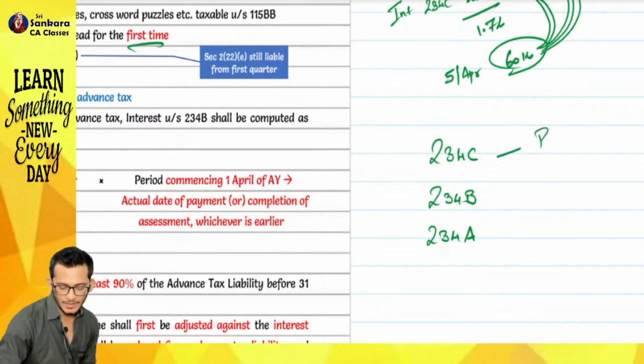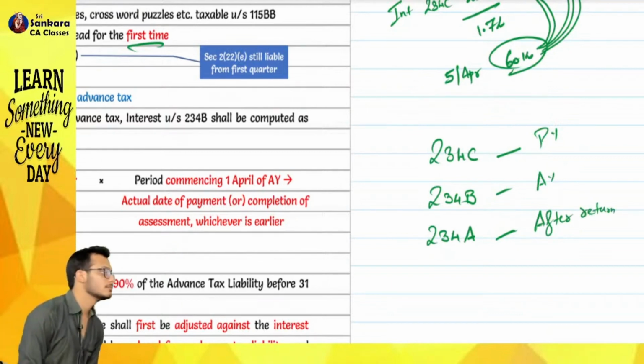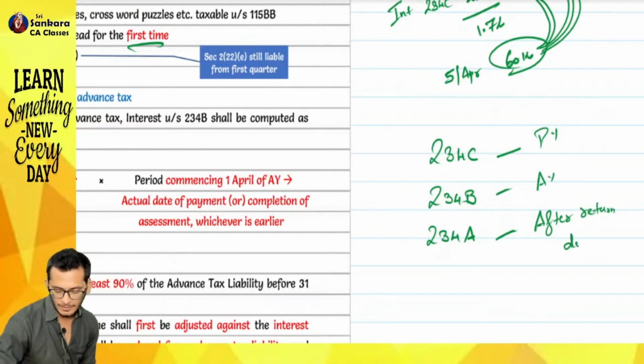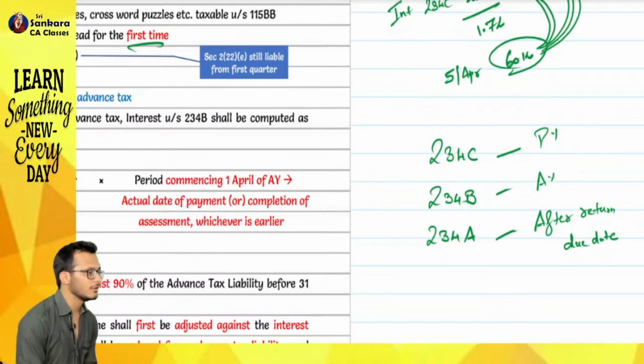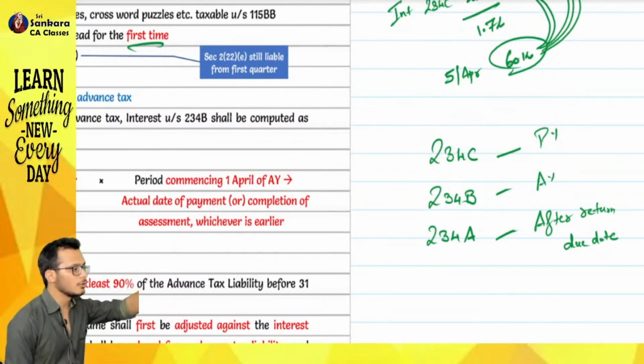C applies in the previous year. B applies in the assessment year. A applies after the return filing, and by that I mean after the return filing due date. It works in the reverse scenario. You start from C, go to B, go to A.